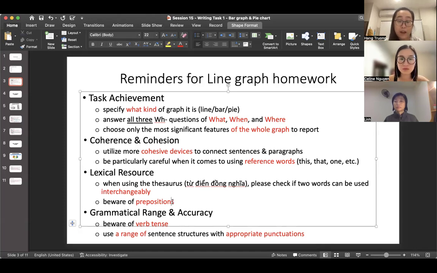So I always recommend my students to use the thesaurus, okay, which means từ điển đồng nghĩa. It's online, it's free. There are many kinds of thesaurus on the internet. So please make full use of that. However, you have to make sure that the words can really be used interchangeably.